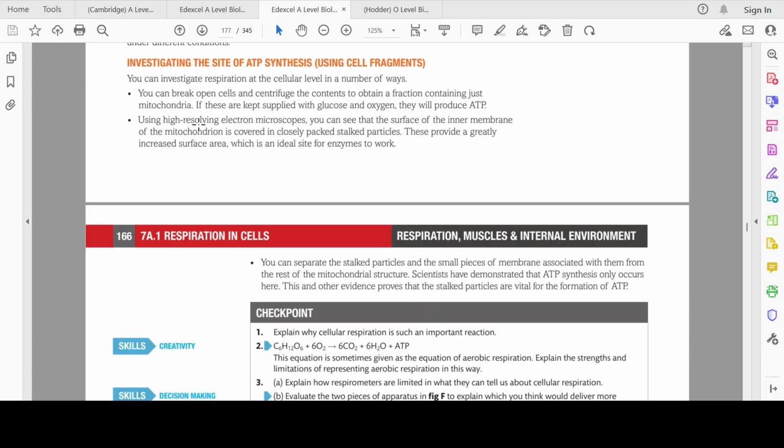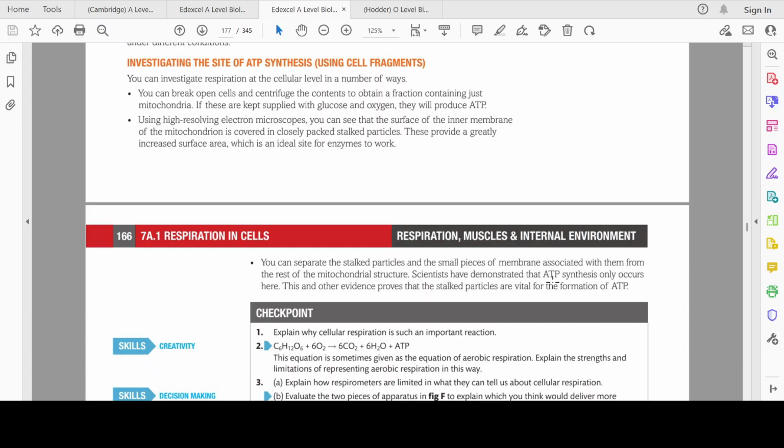And using a higher resolving electron microscope, so obviously this is not something you'll do in your school lab, you can see that the surface of the inner membrane of the mitochondria is covered with closely packed stalked particles, and these provide a greatly increased surface area, which is the ideal site for enzymes to work. And then you can separate the stalked particles and the small pieces of membrane associated with them from the rest of the mitochondrial structures.